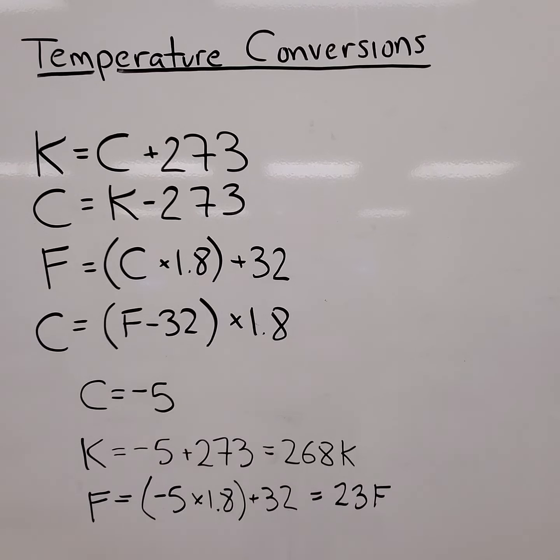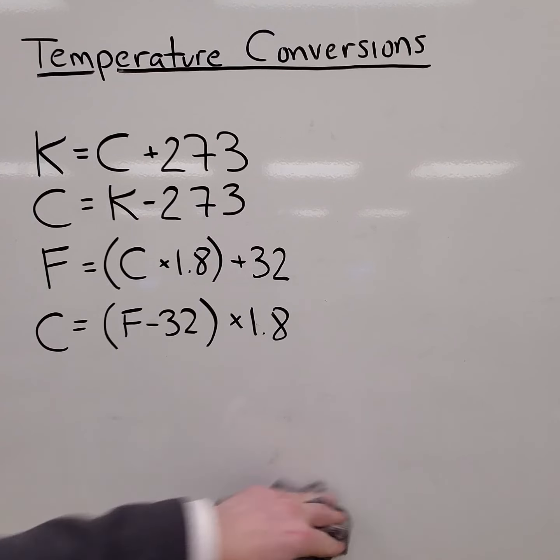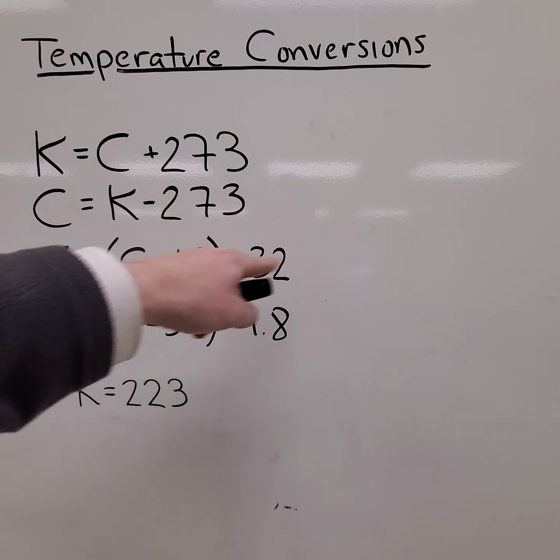Final one we're going to do together is, let's see if we started from a Kelvin temperature. How do we go to the rest? When you're given a Kelvin temperature, and here let's start with a big one, then you really only have one choice. You have to go to Celsius first, because there is no F equals equation that has a K in it.